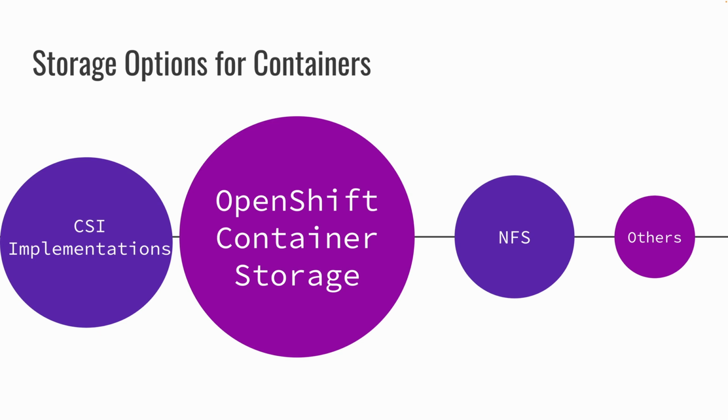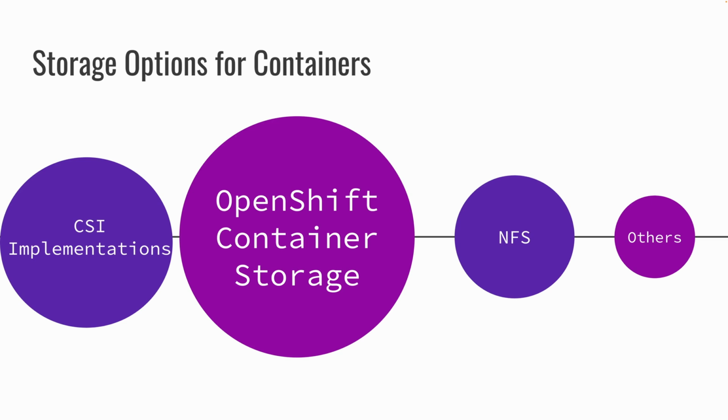The second important implementation is using CSI. I have made a separate video on CSI and how to develop a CSI driver. Refer to that video, it is very detailed. So if you have a storage backend, you can develop a CSI implementation for it and install it on your OpenShift or Kubernetes environment.